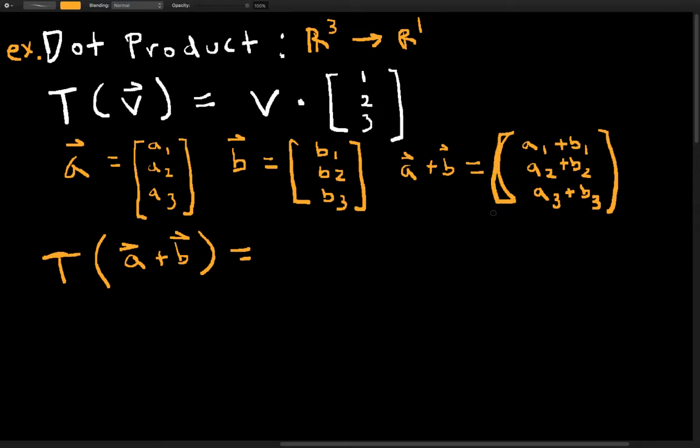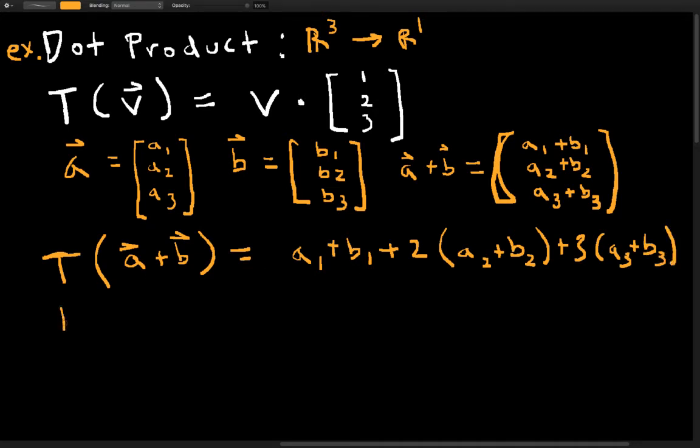When we dot this with (1, 2, 3), we would just get A1 plus B1 plus 2 times A2 plus B2 plus 3 times A3 plus B3.